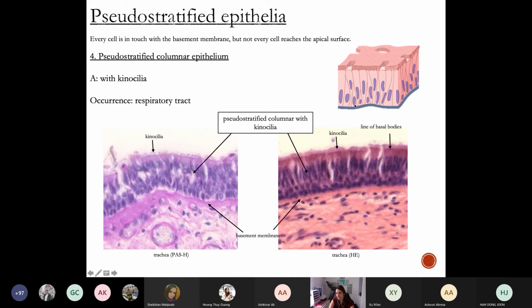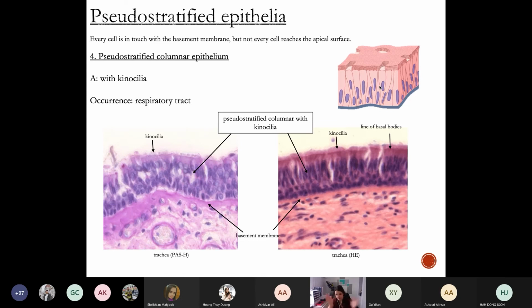So actually the nuclei of the shorter cells are found closer to the basement membrane. And in another row, in another layer, you can see the nuclei of the columnar cells. And this is why we call it pseudostratified, because it looks like a stratified epithelium, but it's not.